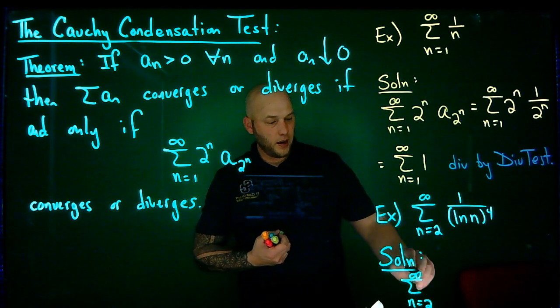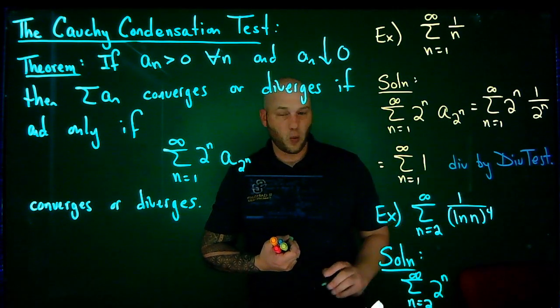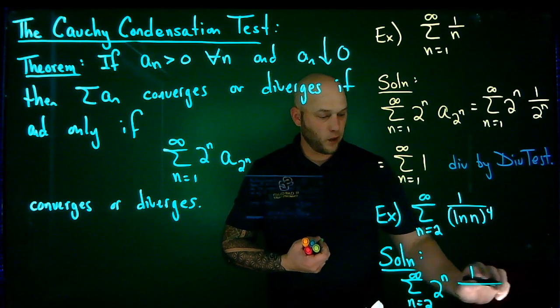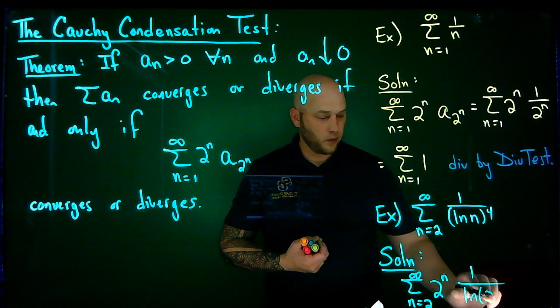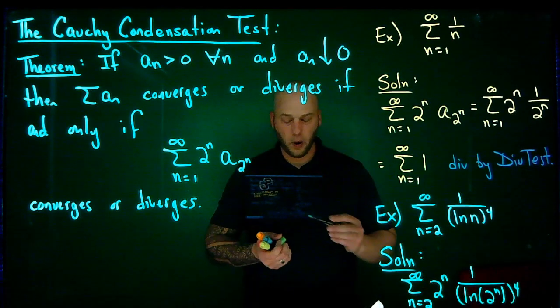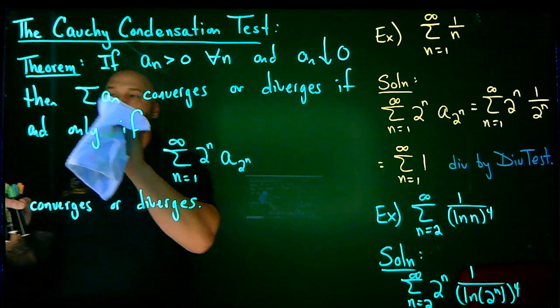All right, so let's go ahead and take the series that is in the theorem. So I take the 2^n as my coefficient, and then I've got 1 over the natural log of 2^n, and that whole thing to the 4th power. Now we're going to investigate that series.